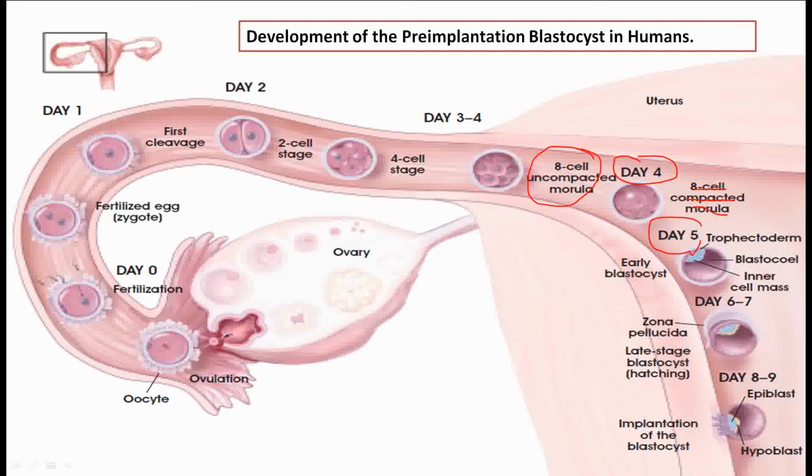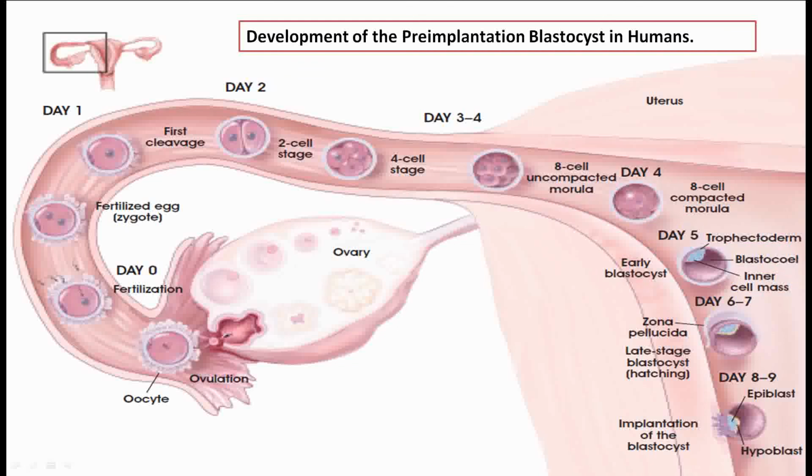On the 5th day, you can see there is formation of the early blastocyst. This early blastocyst contains an outer layer known as the trophectoderm, a cavity that is the blastocoel, and the inner cell mass.